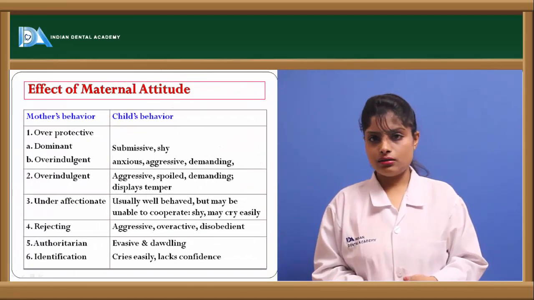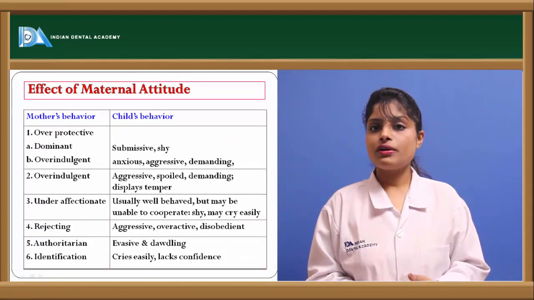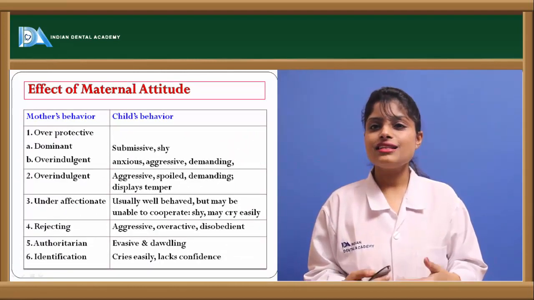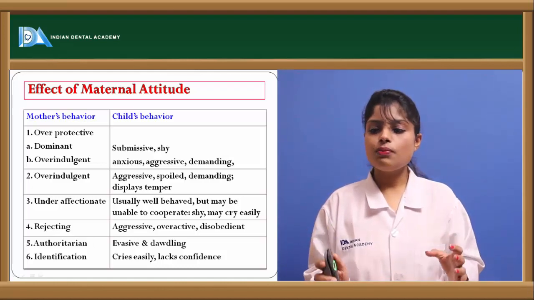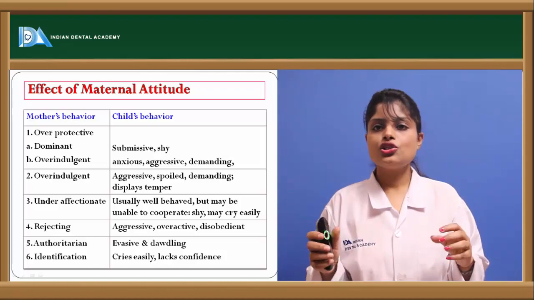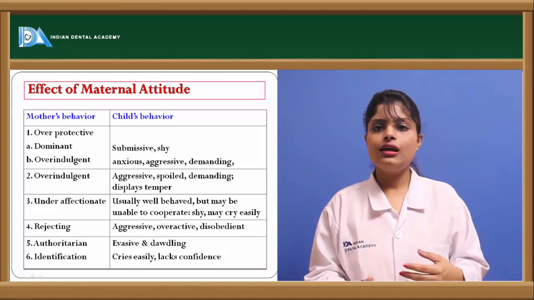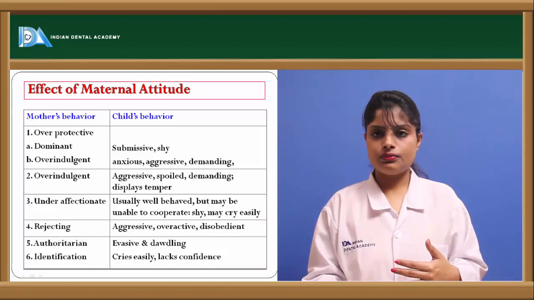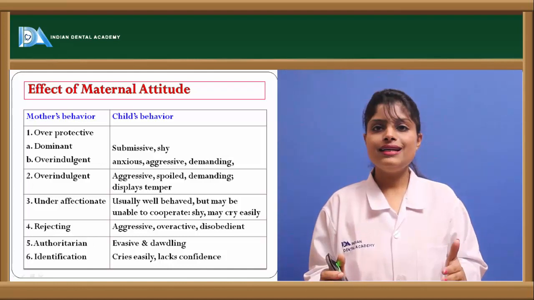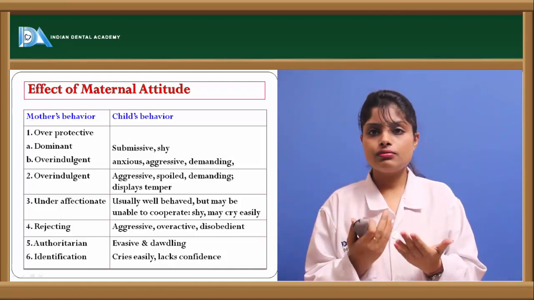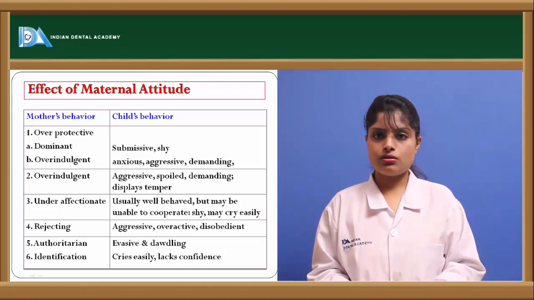Now, if the mother is overprotective, let us see how this overprotectiveness of the mother has influence on the child. A mother who is overprotective will always shower pampering on the child, will always give the child whatever he wants. The child will not be let to realize any fearful situations.